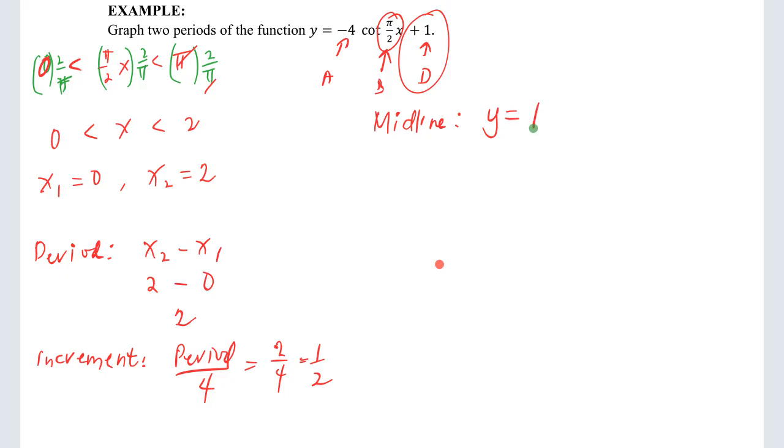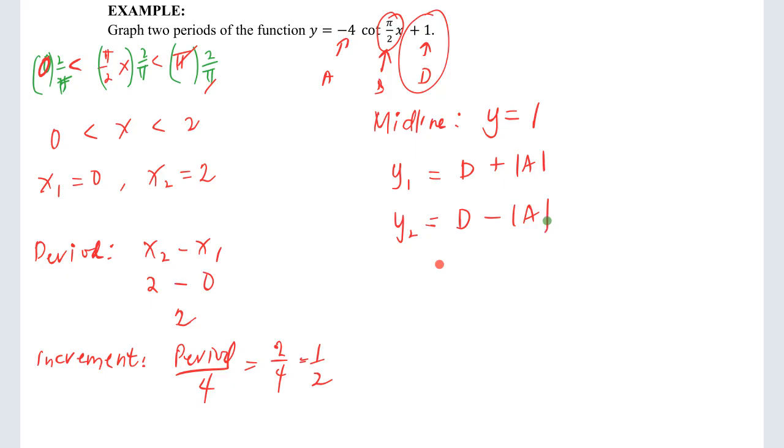Not only that, we also need to find the quarter points within the asymptotes. Let me name y1 and y2 the y coordinates of our key points within those two consecutive asymptotes. These would be d plus the absolute value of a, and d minus the absolute value of a.